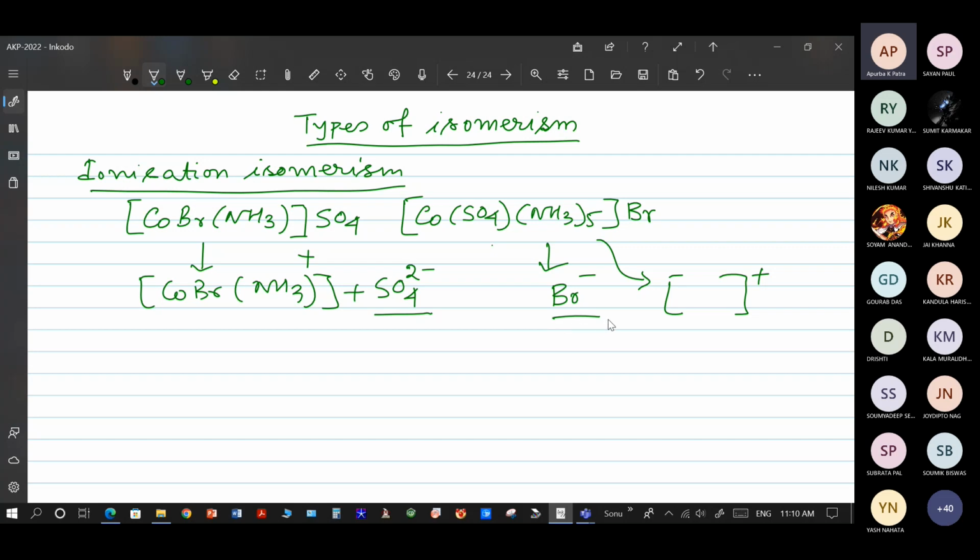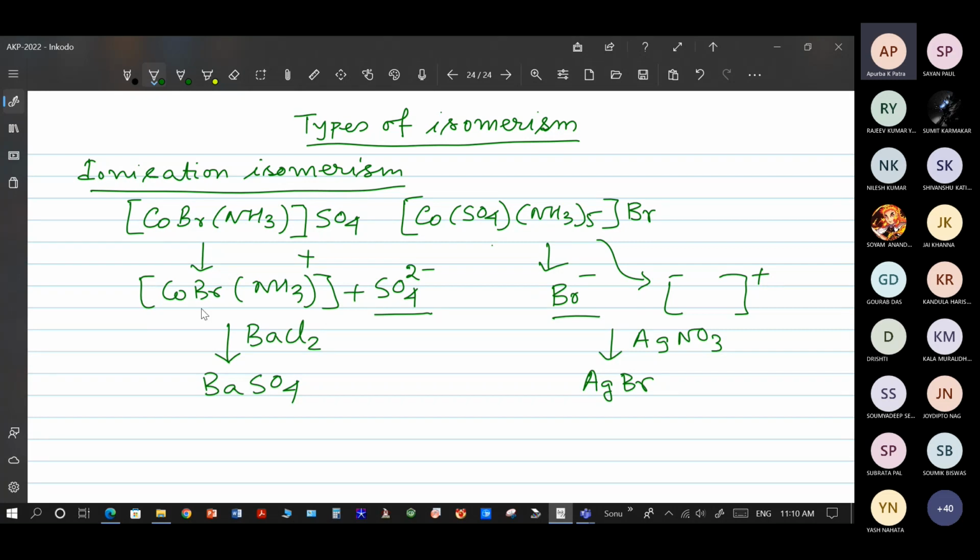How do you know this? If you add AgNO3, it is going to give you the precipitation of AgBr. In the other case, if you add barium chloride solution, then it is going to give you barium sulfate precipitation. So, from here you know that due to the ionization, it has formed different sorts of ions. That means the first sphere of the coordination zone has a different ligand which is ligated to the metal center.